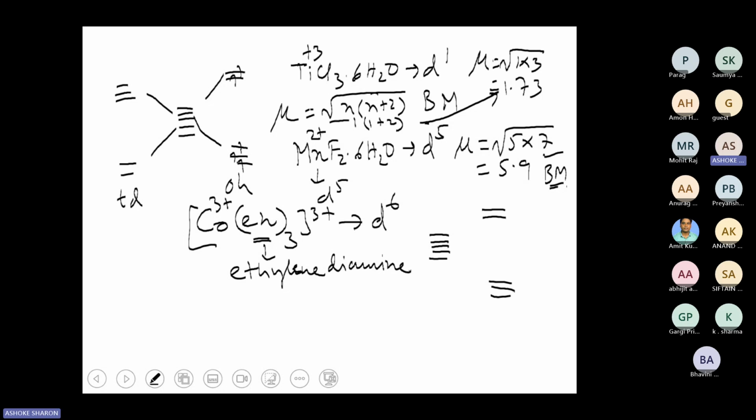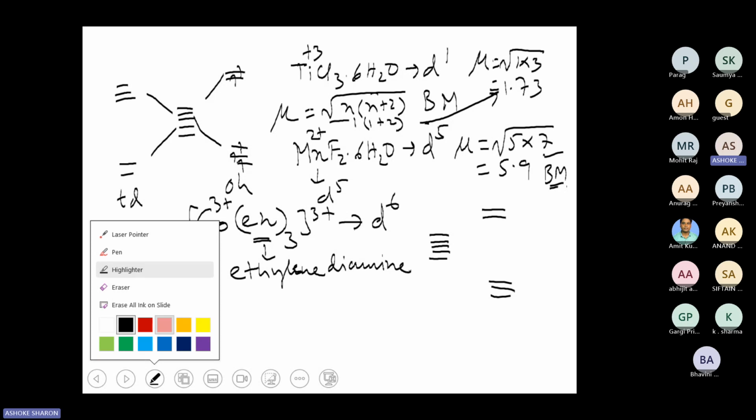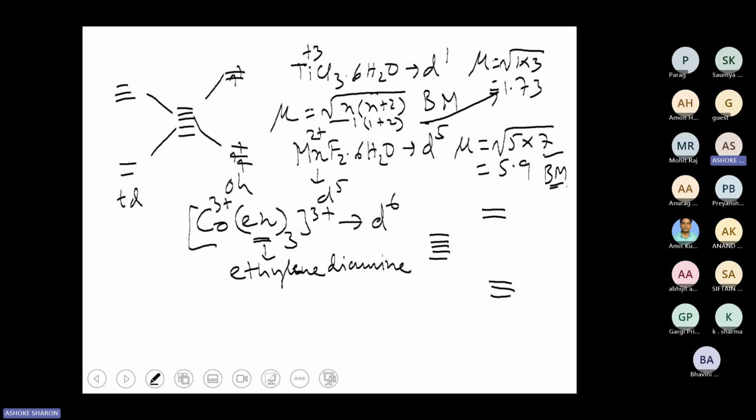There are 6 electrons in it. We will fill up with 6 electrons, but as it is a strong field, all the 6 will come here. That means there is no unpaired electron. So the value of magnetic moment for this will be mu is equal to root over 0 into 0 plus 2, which is equal to 0. So it is diamagnetic.